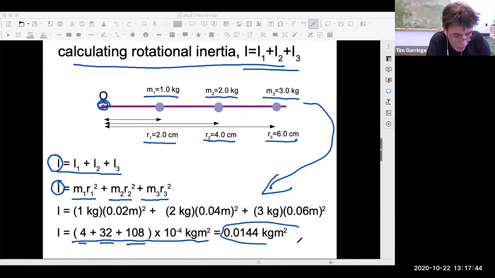And so I added them all up. This is the total moment of inertia of the arrangement. But it's interesting to see that mass 1, which is so close to the axis of rotation, hardly contributes anything to the moment of inertia. Overwhelmingly, it's mass 3, which is furthest from the axis of rotation, that dominates the moment of inertia.